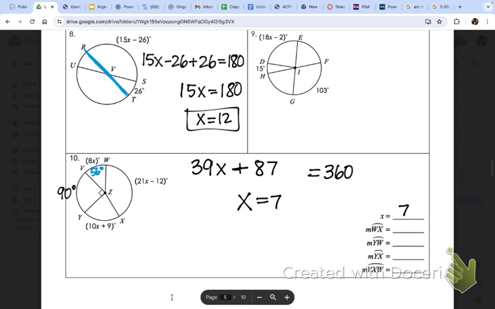I usually plug it in the picture, and then I go back and fill in the blanks later, because it's less confusing that way. Okay, check what you have, please.